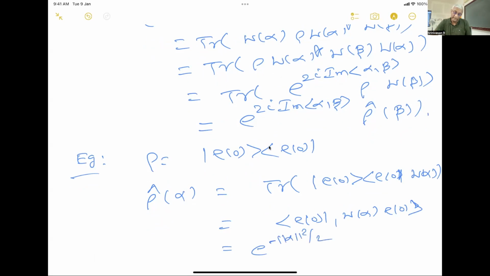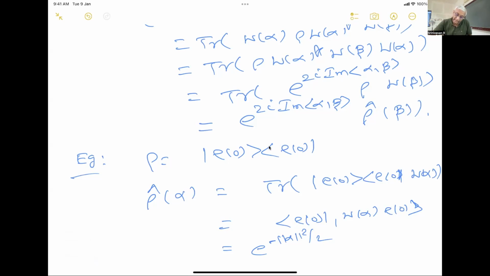Everything else goes away, because the inner product between E(alpha) and E(0) is 0 and the inner product between e to the power alpha and e to the power 0 is also 0. W(alpha) acting on E(0) gives a multiple of E(alpha).